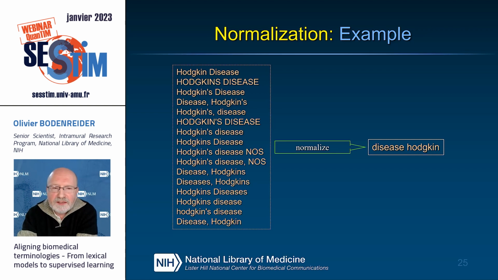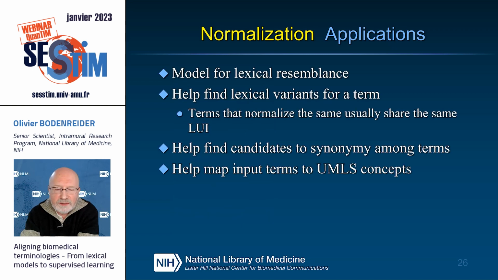And of course, in this case, it's not difficult to see that all these terms are synonymous. And I'm not making this up. All these terms you can find in some vocabulary that you find in the UMLS Metathesaurus.